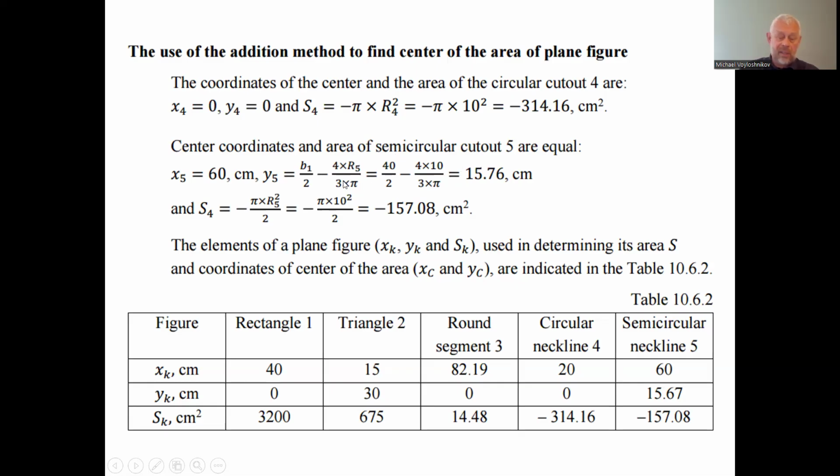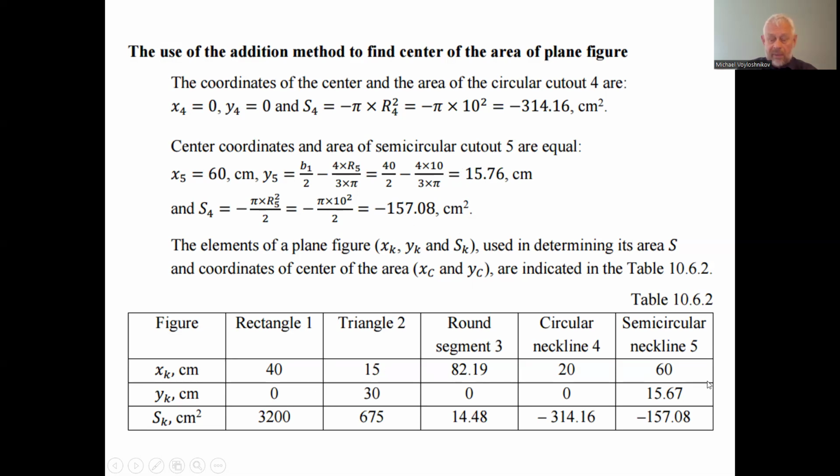We did not consider this as a separate issue, and this is one definite task. The ordinate y5 equals 15.76 centimeter, and the area of this cutout is half of the circle area, pi r squared divided by 2, and we have minus, because this is a cutout, 157.08 centimeter squared.